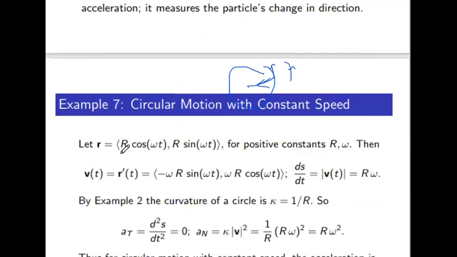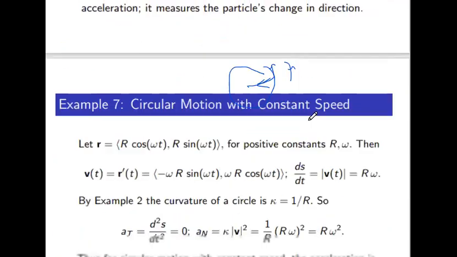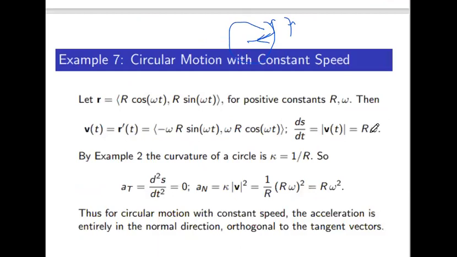We are given the curve, a two-dimensional curve. Then we can find the velocity of the particle at a given time, which is the first derivative of this. At the same time we can find the speed, which is ds by dt, which is a constant. This quantity does not depend on t.